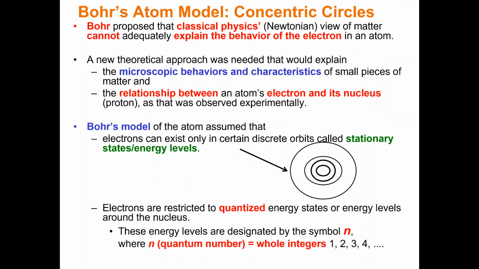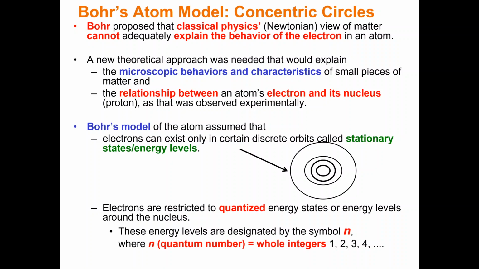Well, if that's not exactly true, then what's closer to the truth? If we talk about the Bohr model, Bohr proposed that the classical physics view of matter cannot adequately explain the behavior of the electron in the atom. So we came up with a new theory, which is basically used to explain the microscopic behaviors and characteristics of small pieces of matter and the relationship between the atoms, electrons, and its nucleus, as that was observed experimentally.